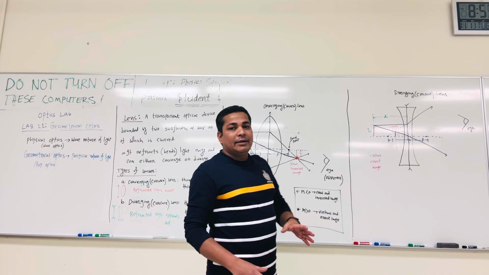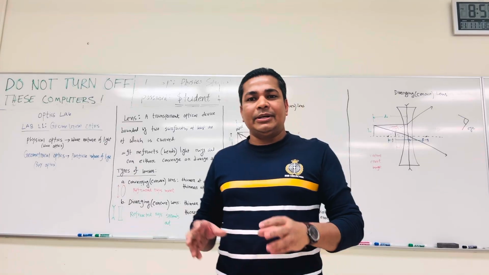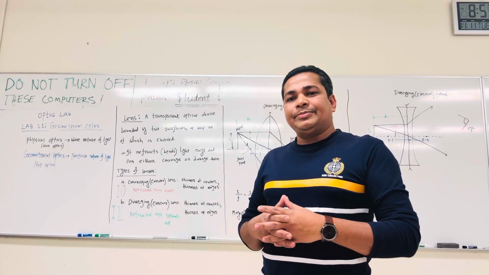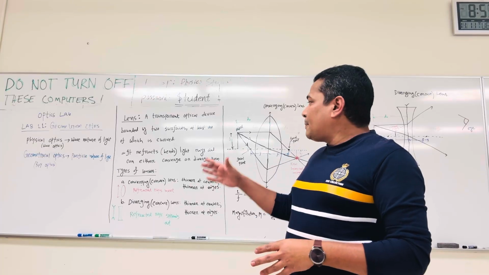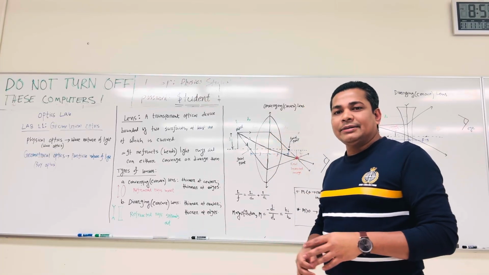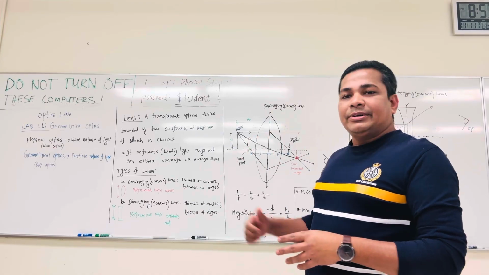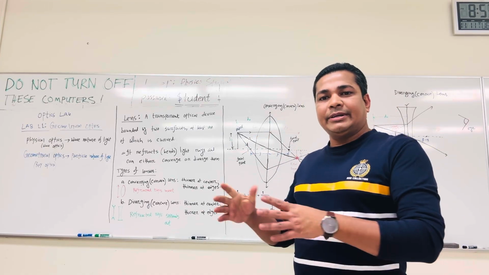So this is the basic discussion of geometrical optics, and we explained the formation of image using two different types of lenses, converging and diverging.